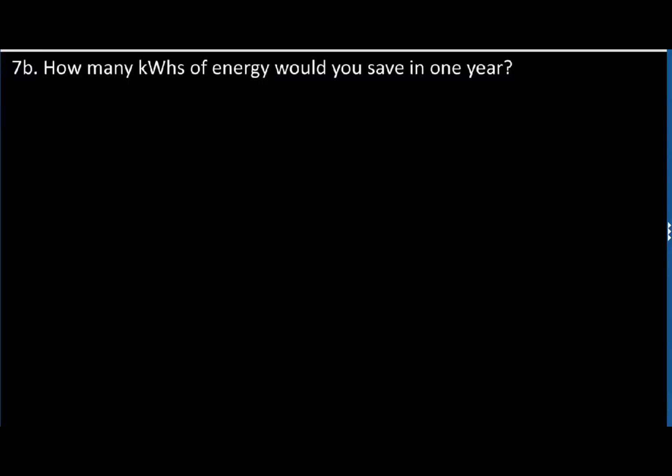The next question says, how much would you save in a year? Again, if you had this answer wrong in part A, or you didn't know how to do part A, you could make up an answer for part A, and then if you did know how to do this one, you could put your answer from part A in here, and you could still get full credit for part B. So that's kind of like a little trick for the FRQs.